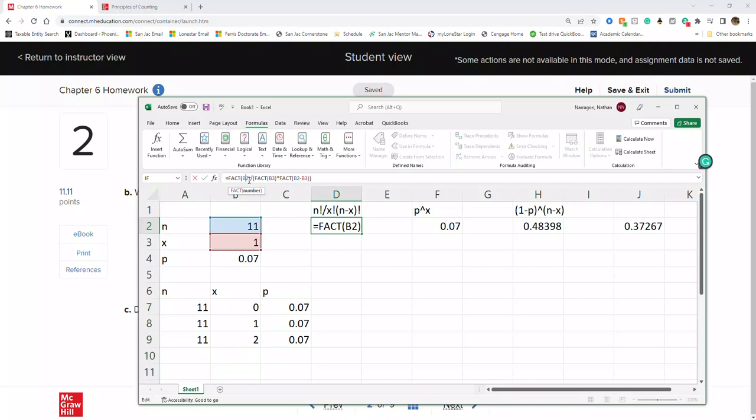All I'm doing is re-entering the formula, but using the table. Then this one's going to change.